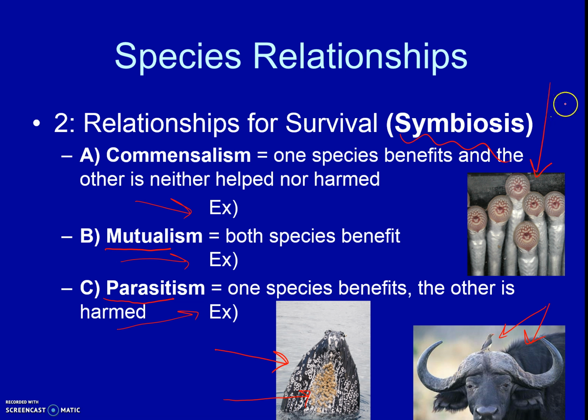This organism attaches with these little suckers. They do not harm the other organism they attach to, and they can also feed off some of the scraps left over when the larger organism feeds. So these organisms pictured benefit, and the other one is neither helped nor harmed. So what type of relationship is that? Would that be commensalism, mutualism, or parasitism?